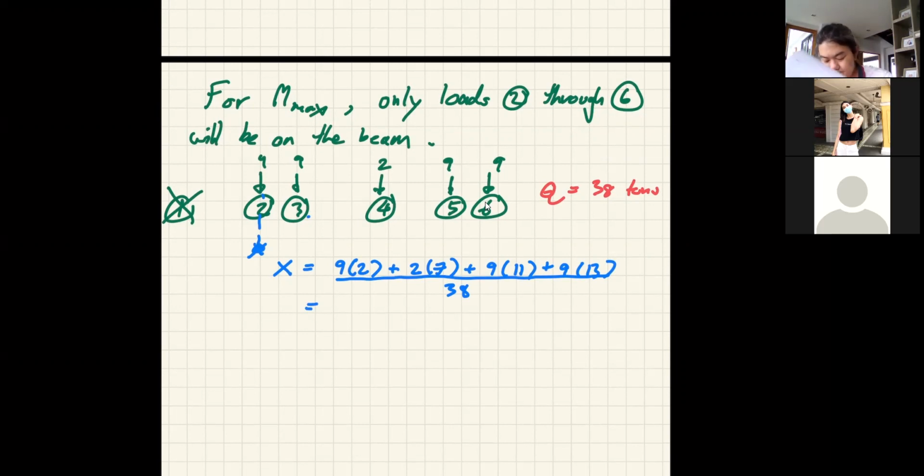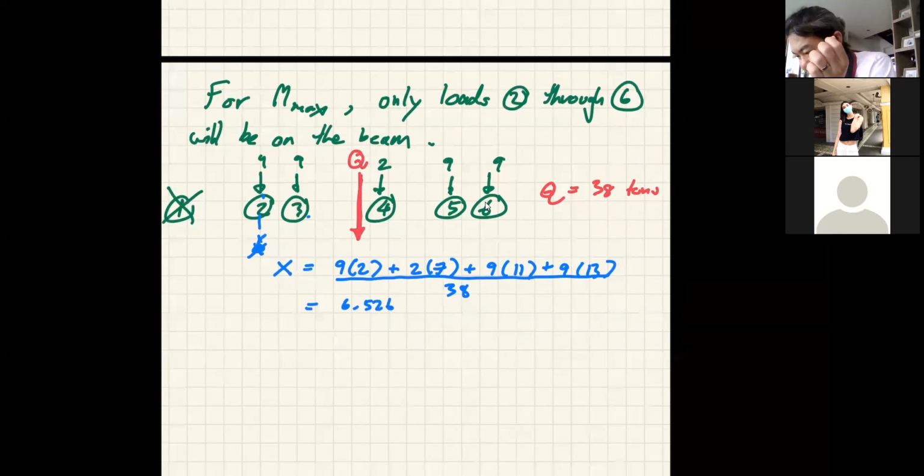So my X bar is where? 6.526 from load number 2. So it's pretty much here, right in front of load number 4. And that distance is 6.526.